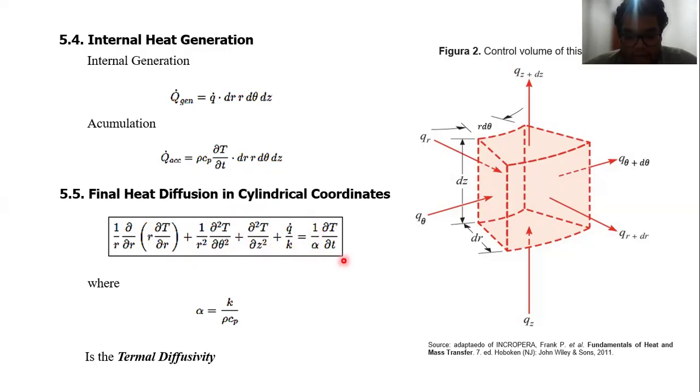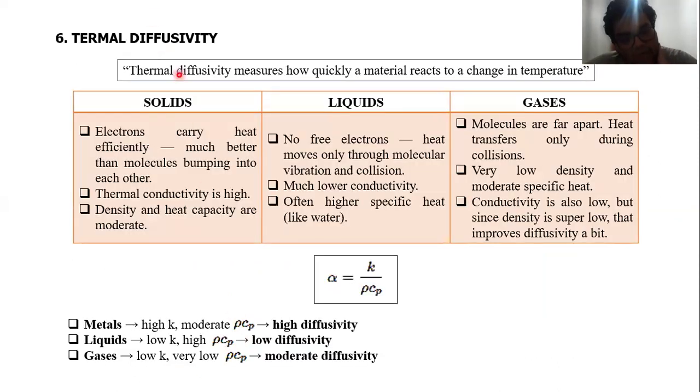Alpha is a term which is named thermal diffusivity, okay? But what is thermal diffusivity? In my own words, I can define thermal diffusivity as a measure of how quickly a material reacts to a change in temperature, okay?